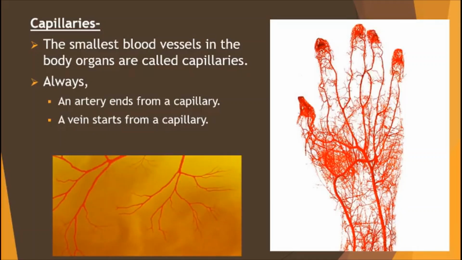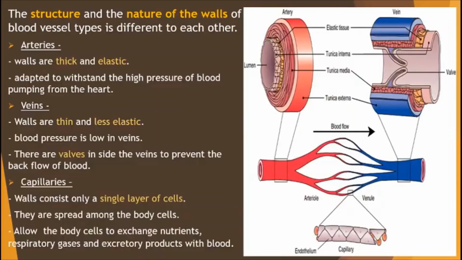Now let's consider the structure and nature of these three types of blood vessels. The structure and nature of the walls of each type of blood vessel is different. The artery walls are thick and elastic. They are adapted to withstand the high pressure of blood pumping from the heart.